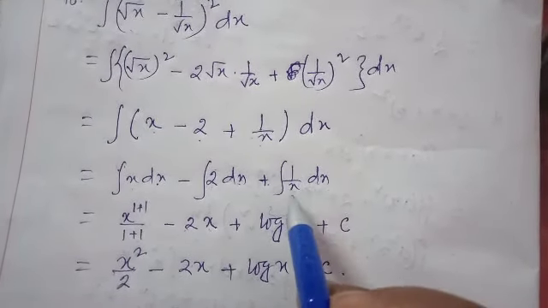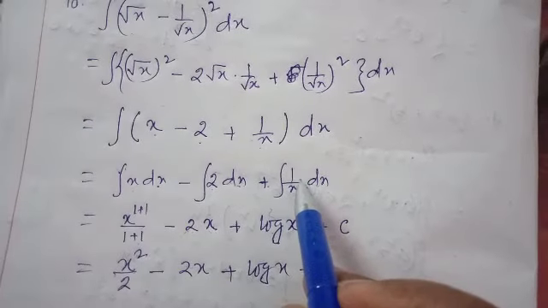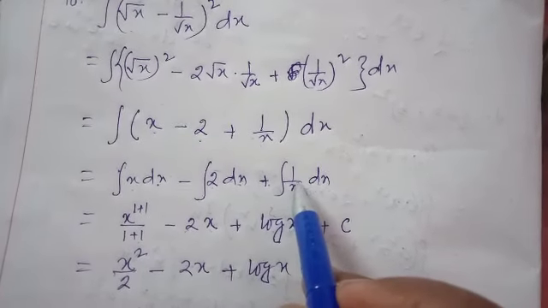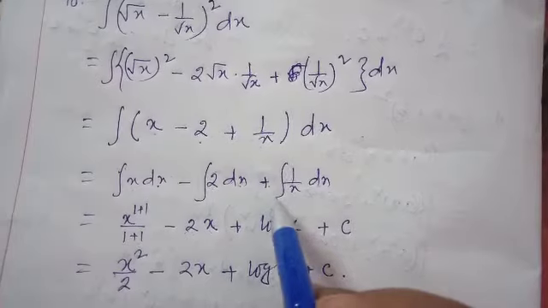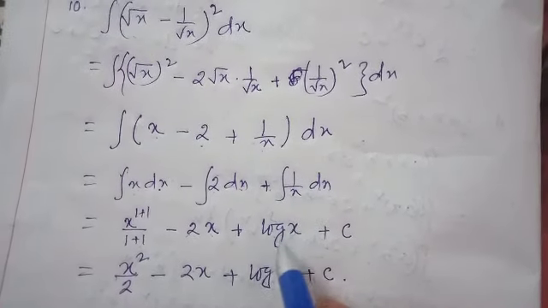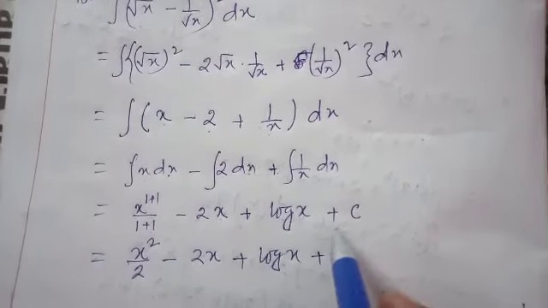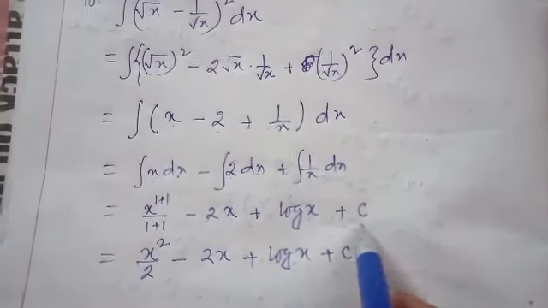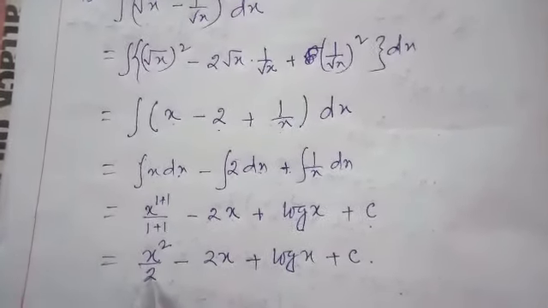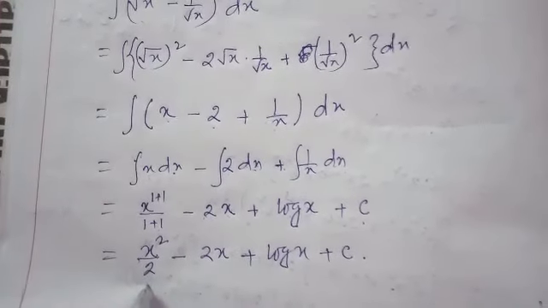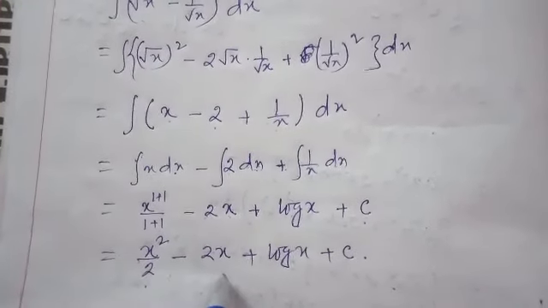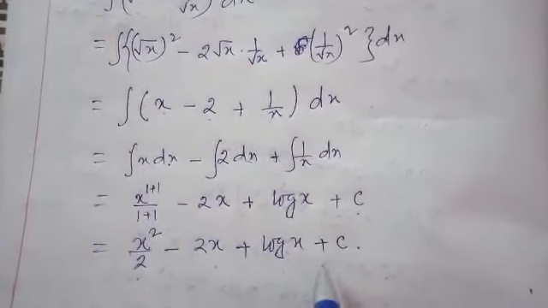So when 1 by x, that means x to the power minus 1, integration of x to the power minus 1, its integration is log x, and total integration is completed, that is why you have to add here plus c. So here remaining x square by 2 minus 2x plus log x plus c.